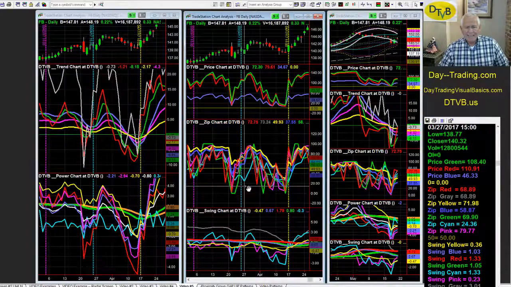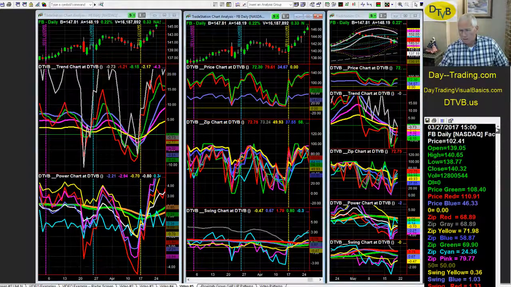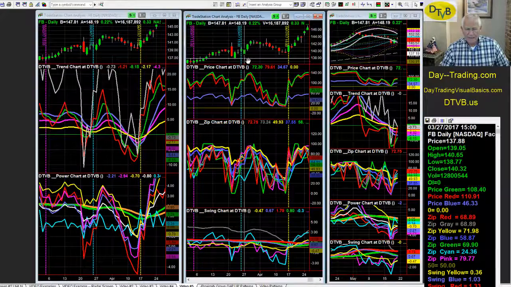Now, with that gap down, it closed at 140.34 and opened on the day after the Cyan vertical line at 139.05.